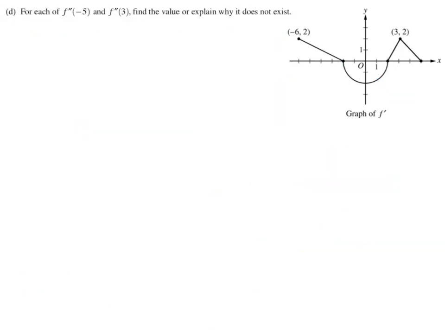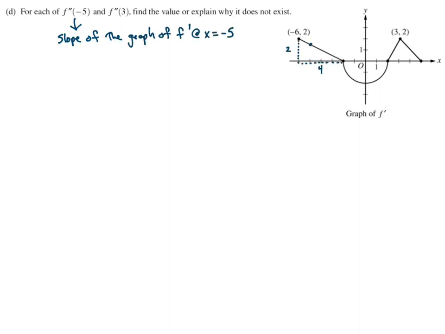And for part D, for each of f double prime of -5 and f double prime of 3, they want you to find the value or explain why it doesn't exist. So I'll start with f double prime of -5 first. Once again, I'm thinking about the slope of the graph of f prime.